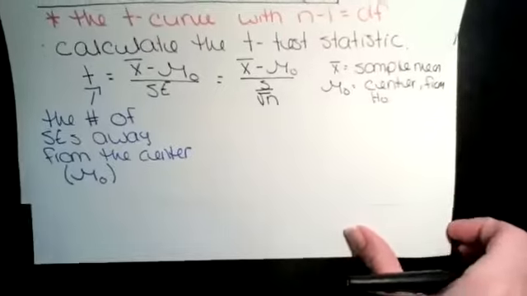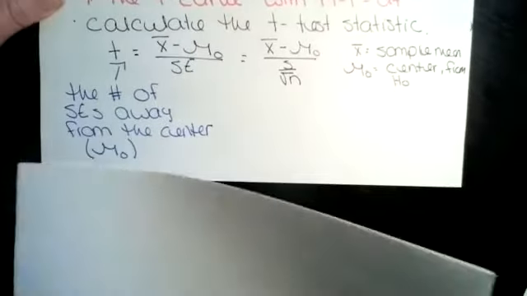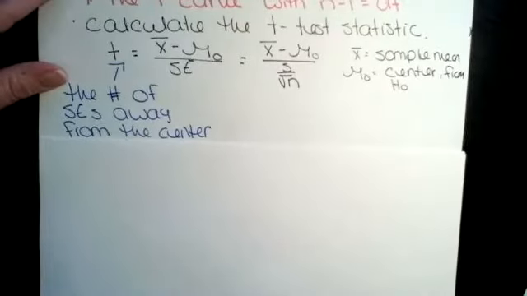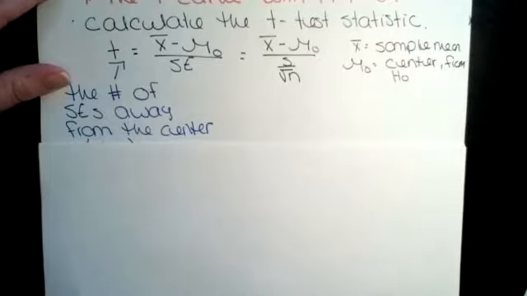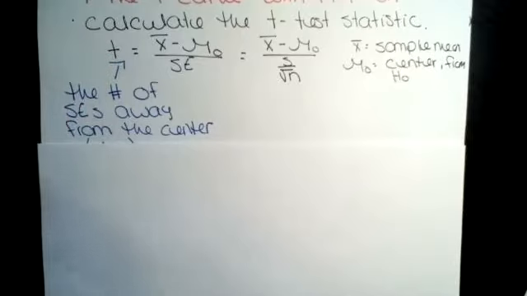And then from there, I'm going to interpret what that number means. So I'm going to get a number like maybe I'll get like -2 or negative 1.56 or something like that. Okay. So I'm going to get a number here. And it's telling me how far the sample is from the center of my curve. So I'm hoping you guys can kind of visualize that as I say it.